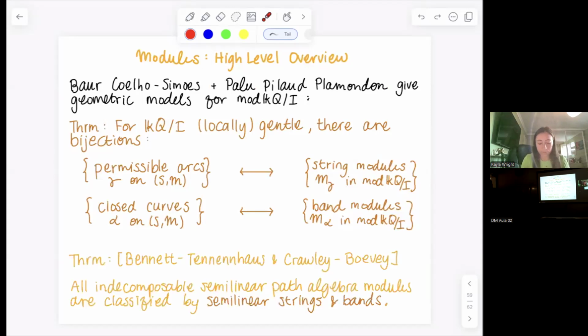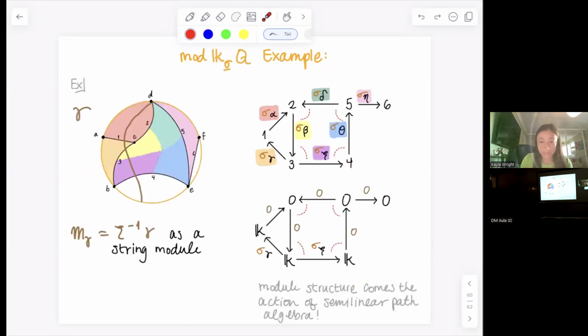And because we have that these indecomposable semilinear path algebra modules are classified by strings and bands, we can just bootstrap these 2 results together in order to see modules on our surface. So the idea is if we take this running example and we look at some permissible arc, this gamma that I've drawn in brown here, there's a way that you can create a string module from this.